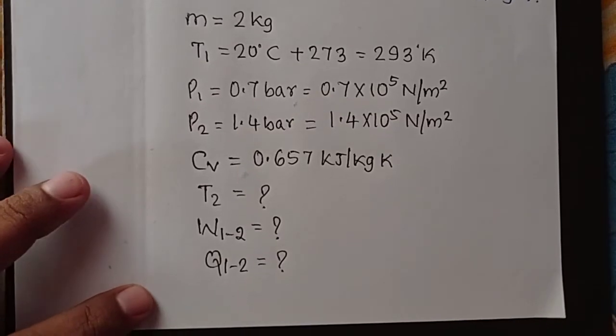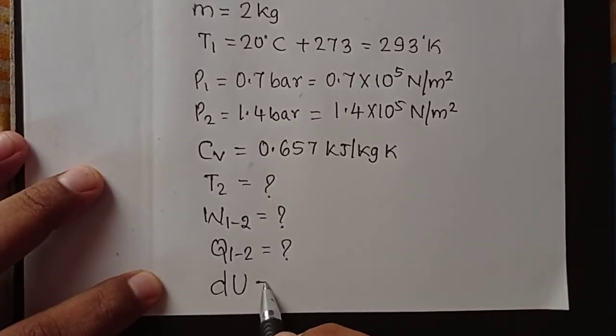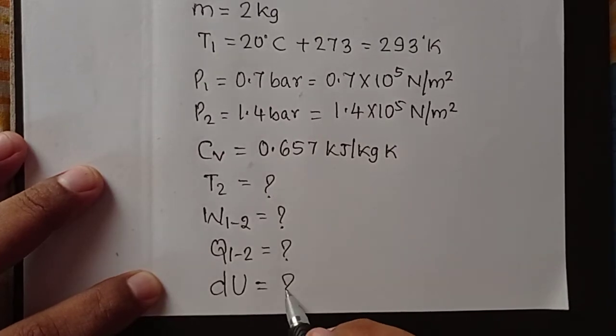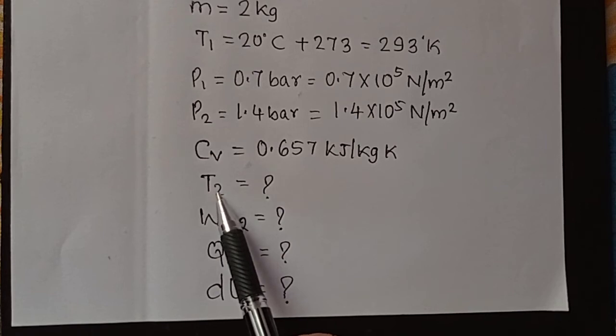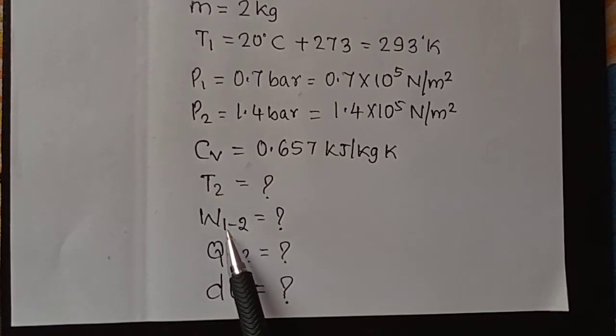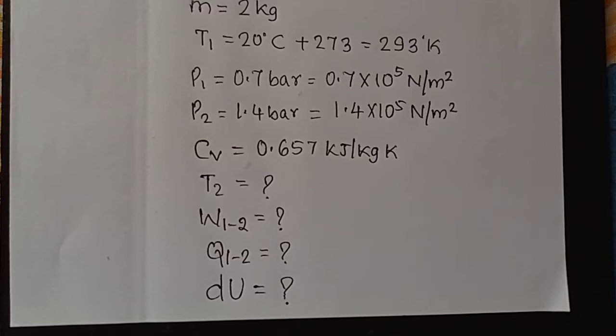And then change in internal energy, that is dU. These are all the things we need to find out. So we need to find out final temperature T2, then work done on or by the gas, W12, then heat added Q12, and then change in internal energy dU. So let us solve the problem now.